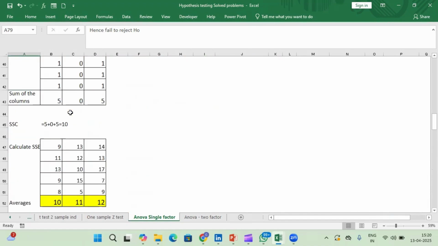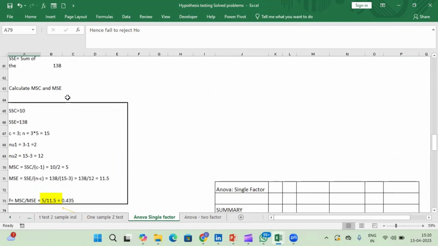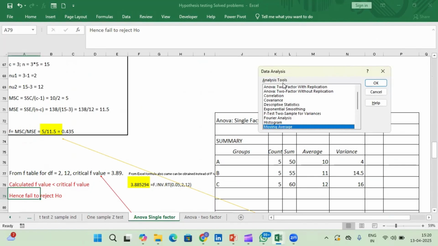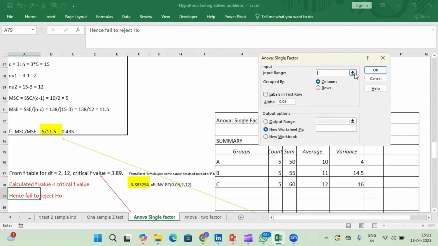Now, instead of doing all these things, there is one simple tool. We go to Data, and Data Analysis, and then we go for ANOVA single factor. Then we say okay, and it asks for the input range.